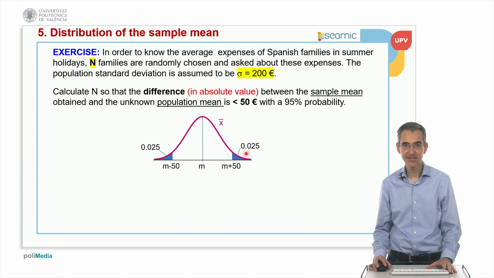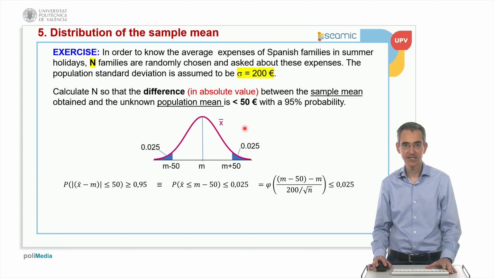Then it says that the difference in absolute value means that it can be on the right side or on the left side. It has to be less than 50 euros. So it means that this interval is less than 50. So if this is m plus 50, and this is m minus 50, it's very important that you understand that from this sentence we have to make this kind of picture that clarifies a lot the problem.